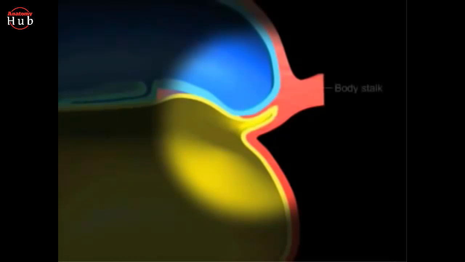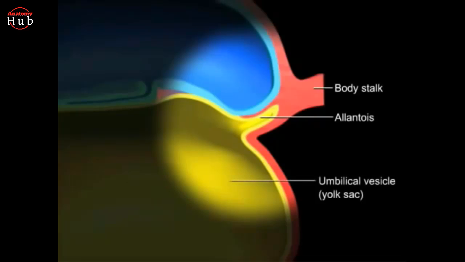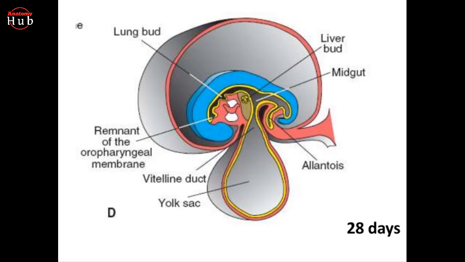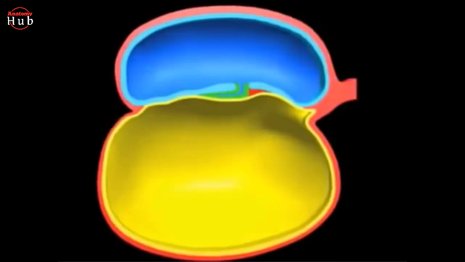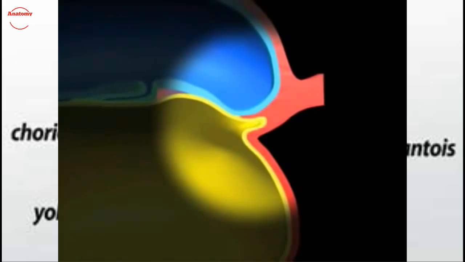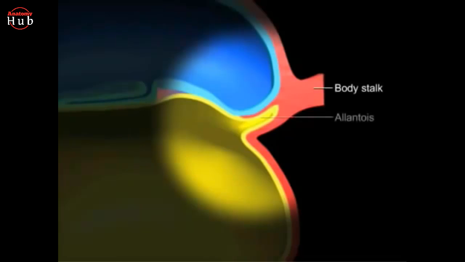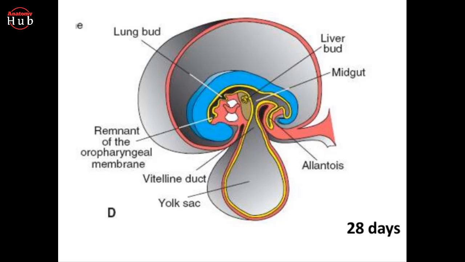What is this allantois? The word allantois is derived from a Greek word allas, meaning sausage. It appears as a finger-like outpouching from the caudal part of the yolk sac around day 16. It projects into the connecting stalk. Initially, it is continuous with the developing urinary bladder.